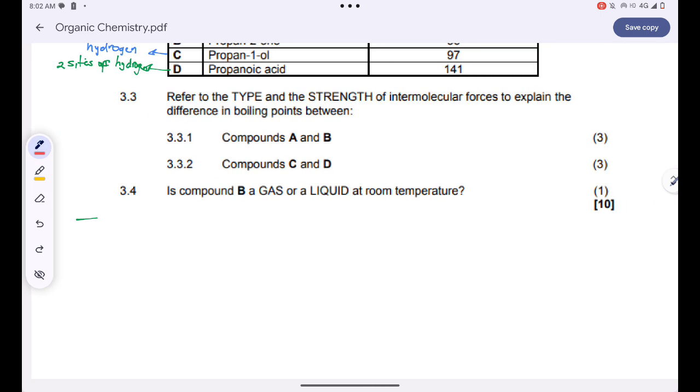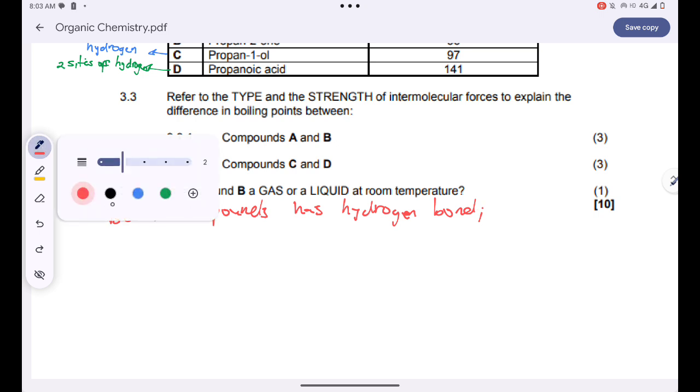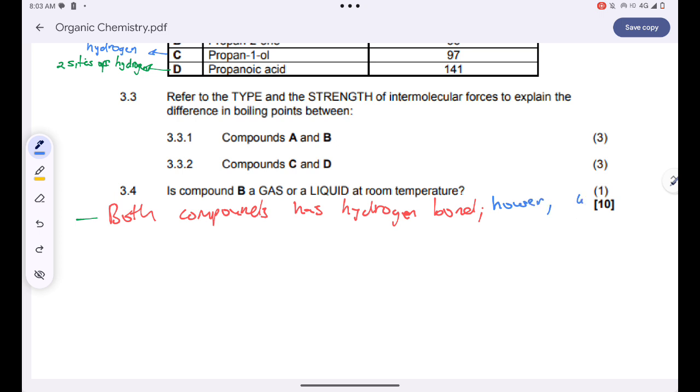However, compound D has two sides of hydrogen bond. Please note that, guys, any carboxylic acid has two sides of hydrogen bonds.